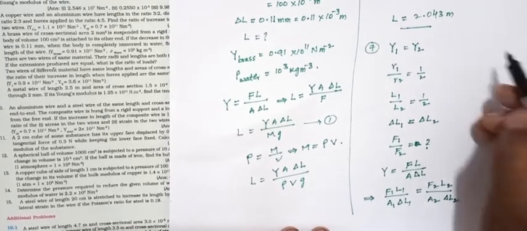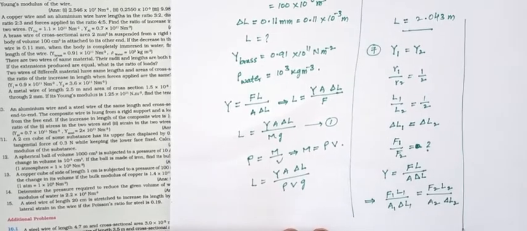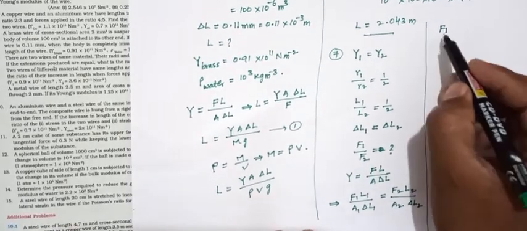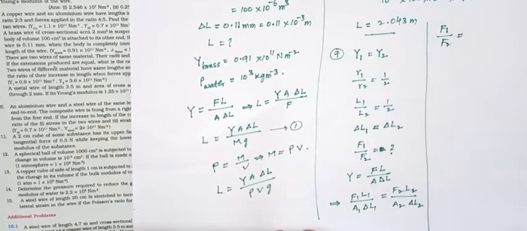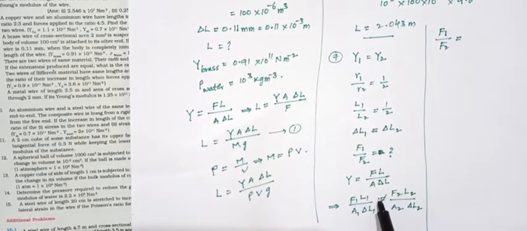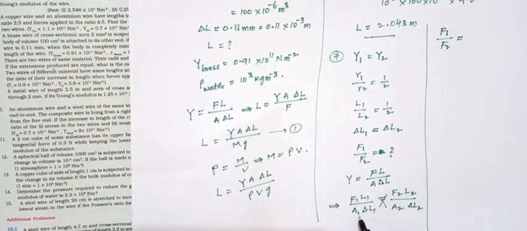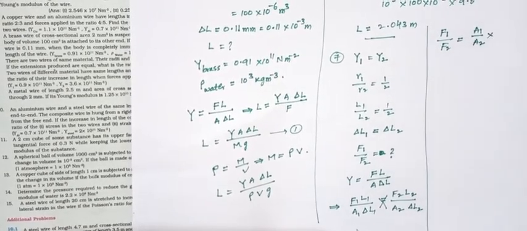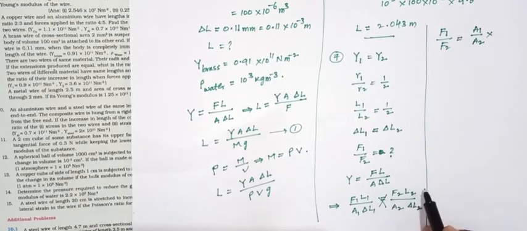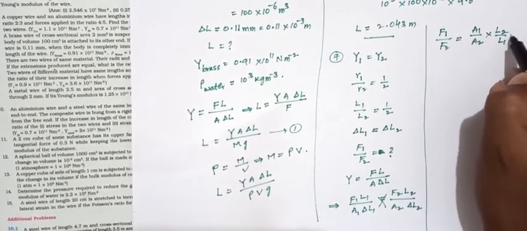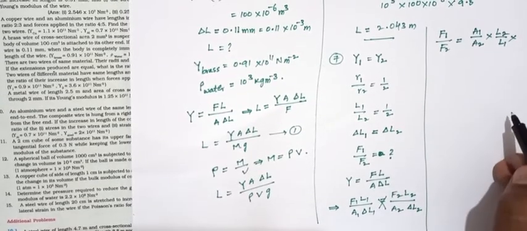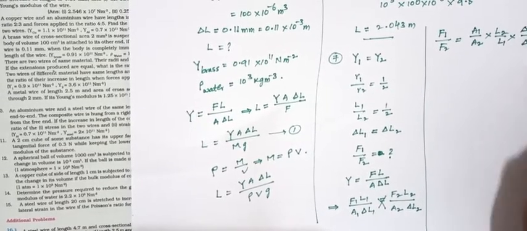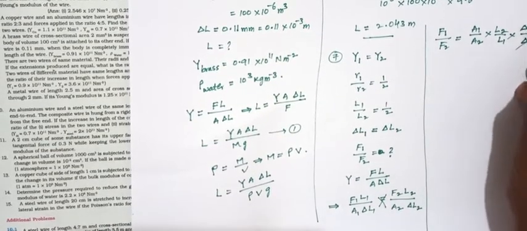Taking cross multiplication, F1 by F2 equals A1 by A2 into L2 by L1 into delta L1 by delta L2. Because delta L2 equals delta L1, both are cancelled here.